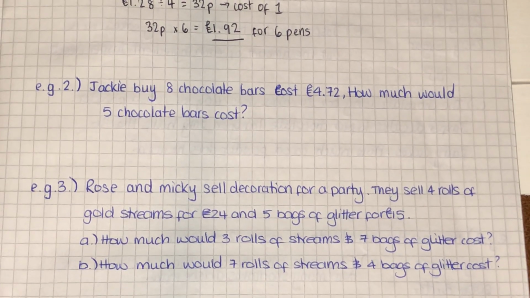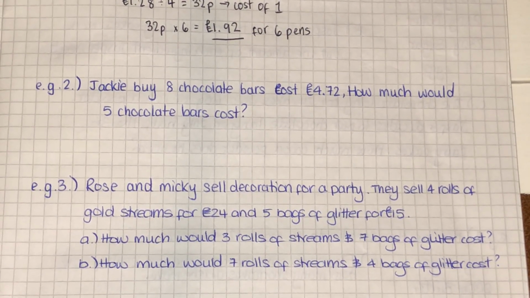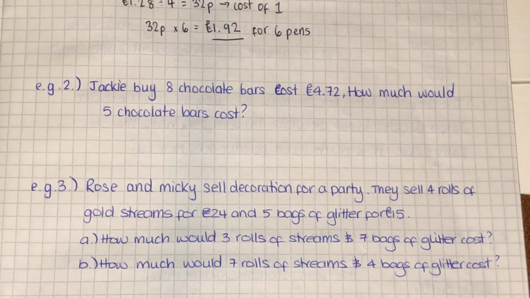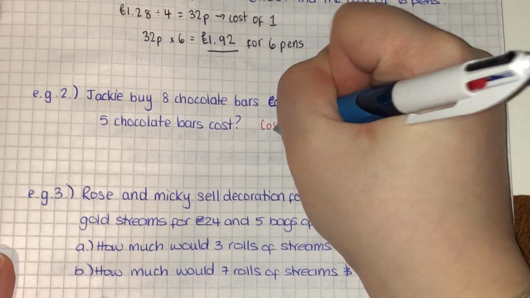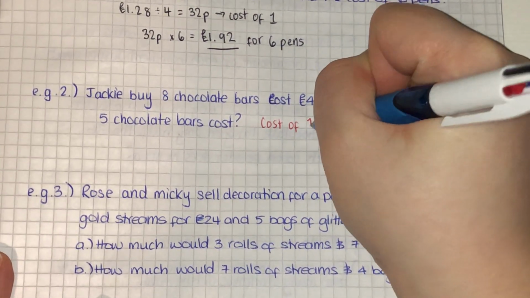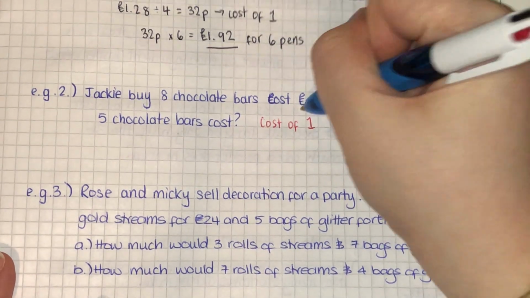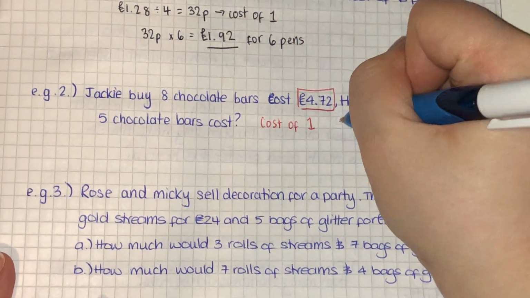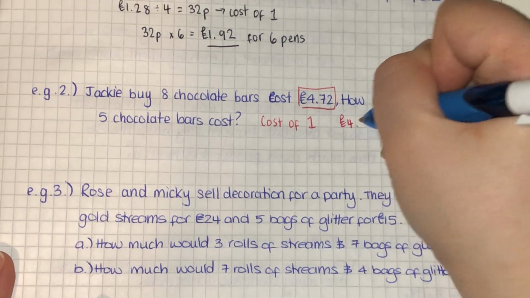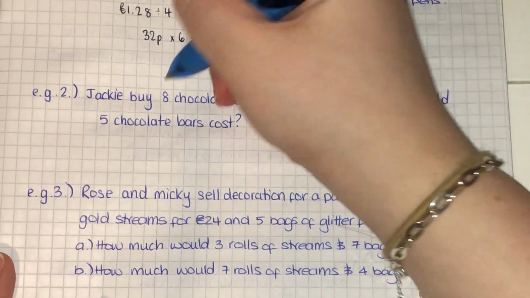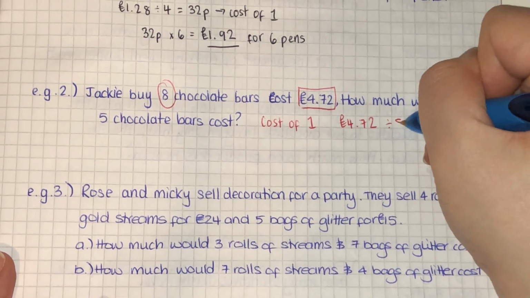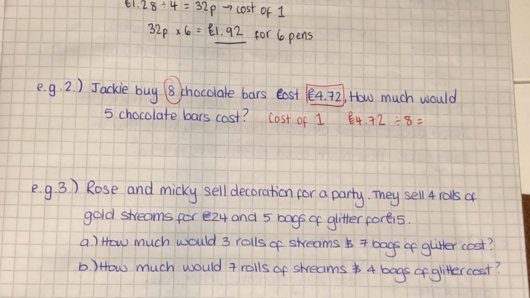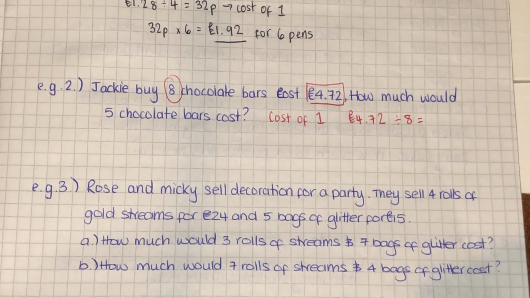Okay, so example 2, Jackie buys 8 chocolate bars for £4.72. How much would 5 chocolate bars be? So again, to find the cost of 1, we do the cost that's given in the question, which is the £4.72, and we divide it by 8 because that was the cost of 8. 59p, I think.